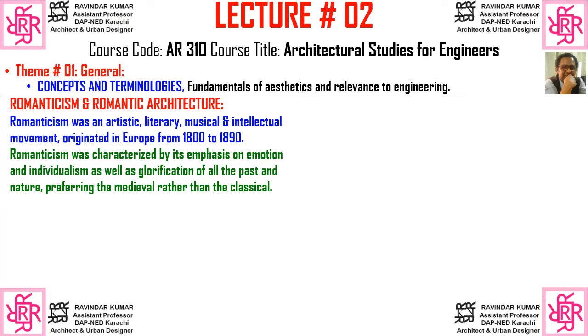Here again, Romanticism is another philosophy of art and architecture which is different from neoclassical, because neoclassical was focusing on the forms of buildings in the Roman and Greek style, but Romanticism was focused more on the medieval period.